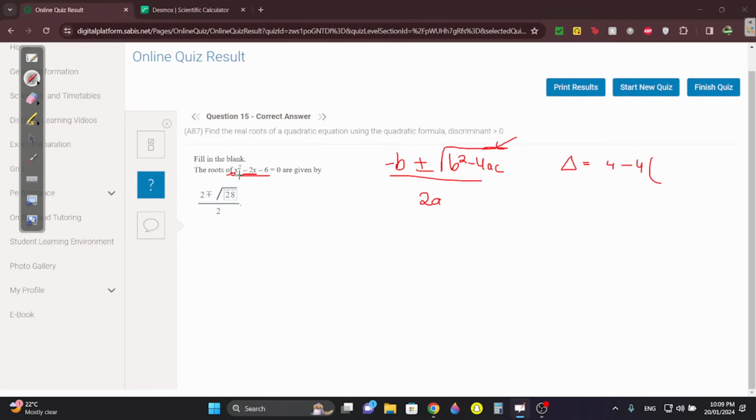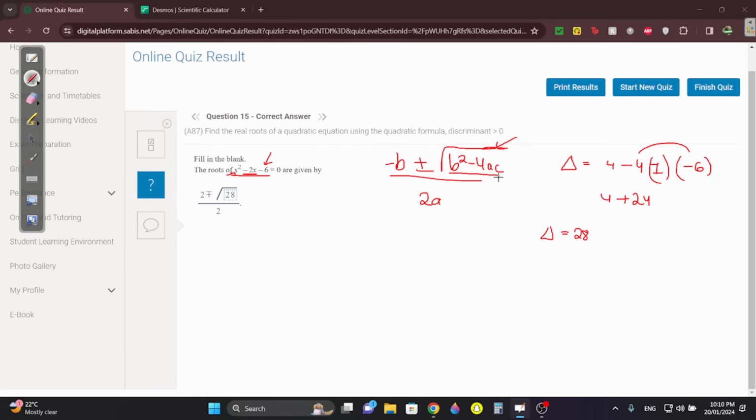A is 1 because there's no number beside x squared, so 1 times c, which is negative 6. So you'll get 4 minus 4 times negative 6, which is plus 24. So your delta equals 28.